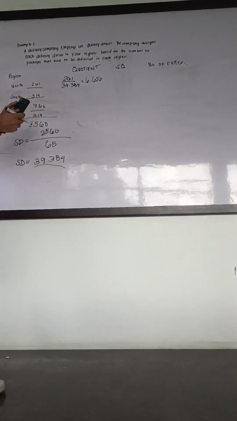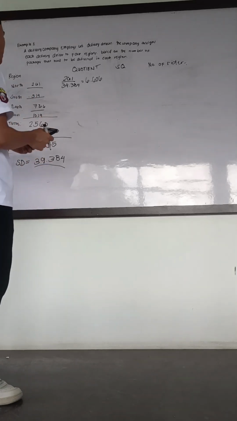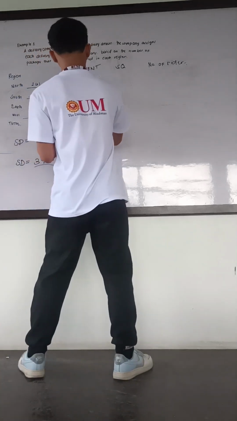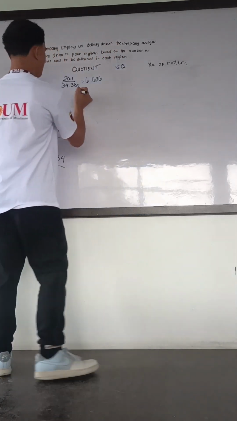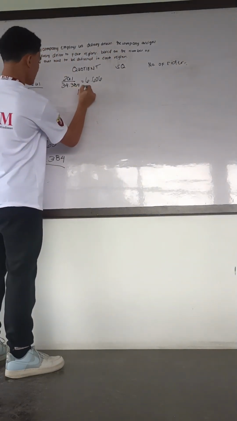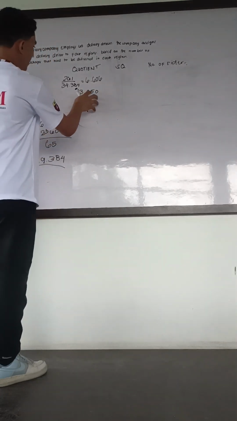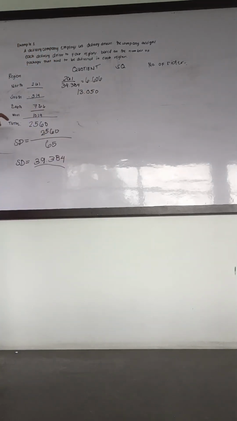I will just calculate it using my calculator. So 514 divided by 39.384, then you get 13.050.